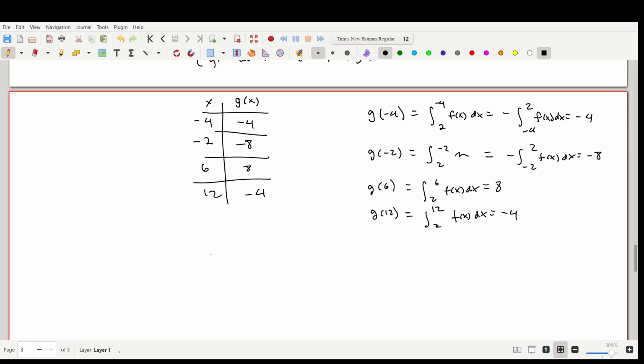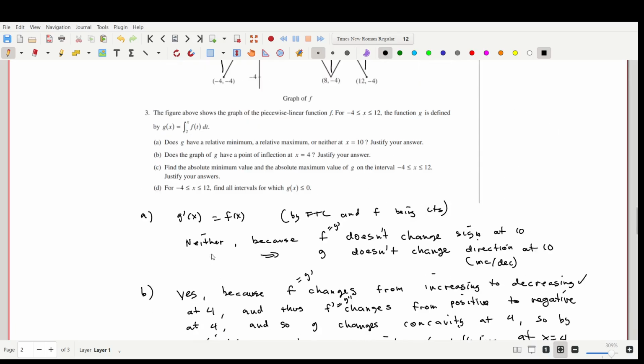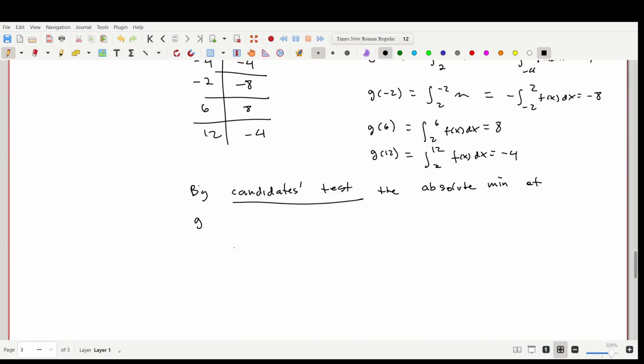So by the candidates test, the absolute min of G, do they want the value or the locations? Actually, just the values. I might say the value is 8. The min is -8.